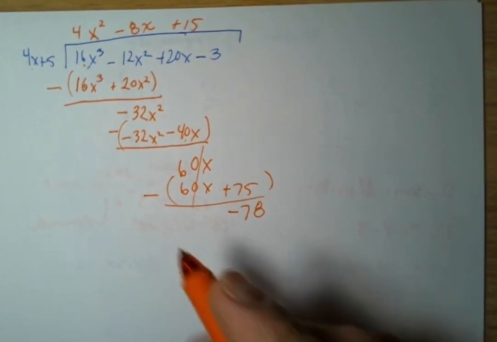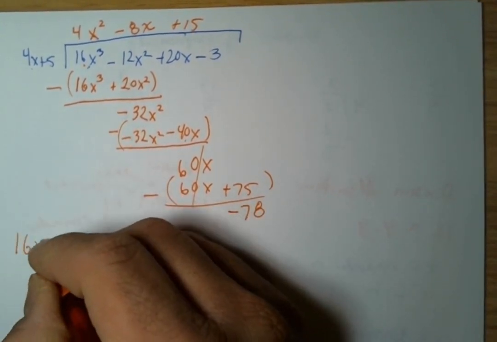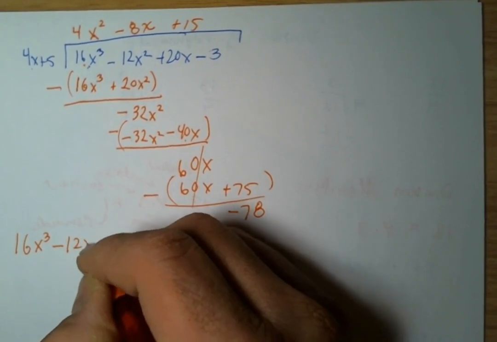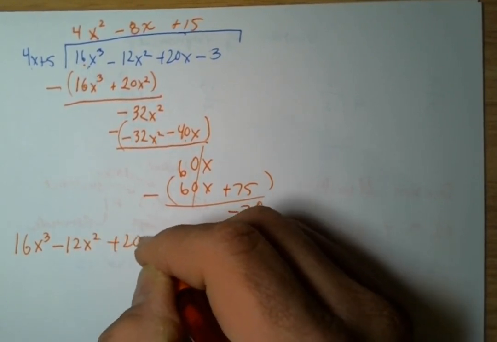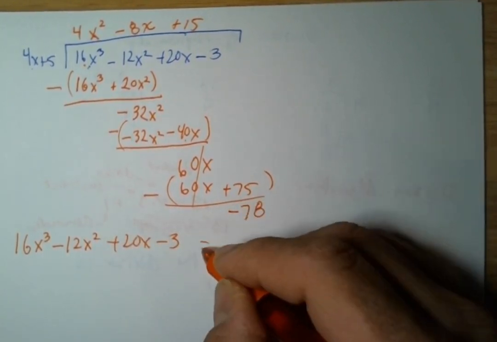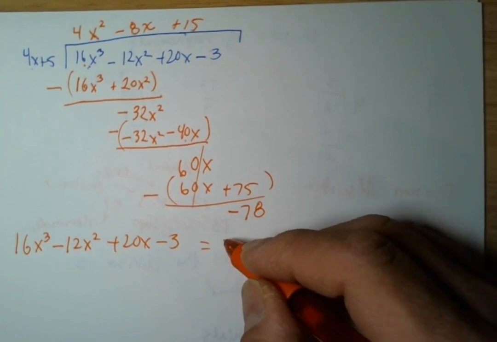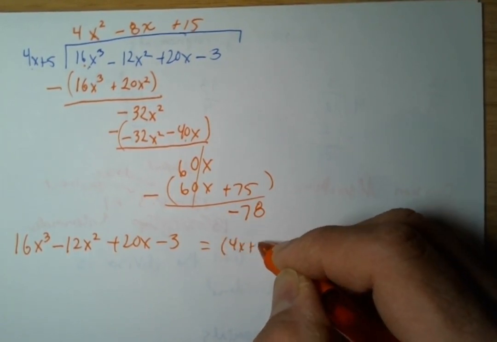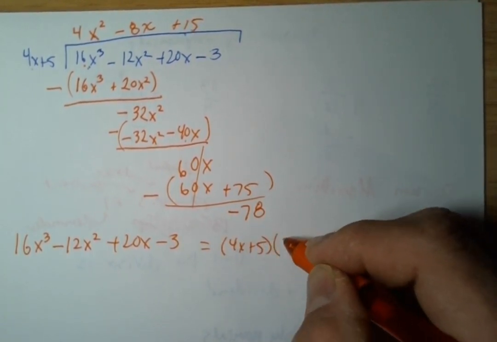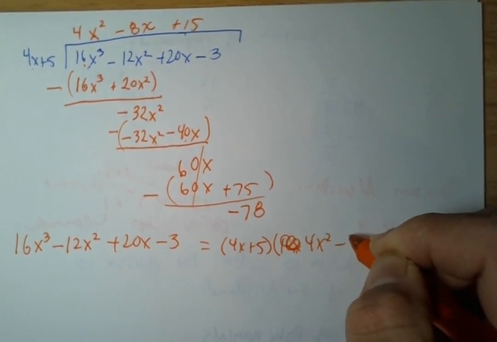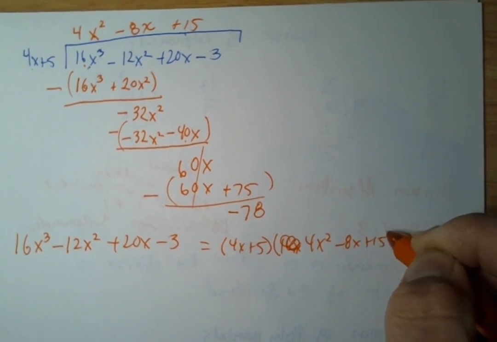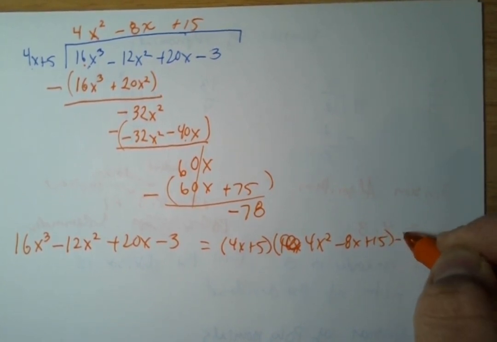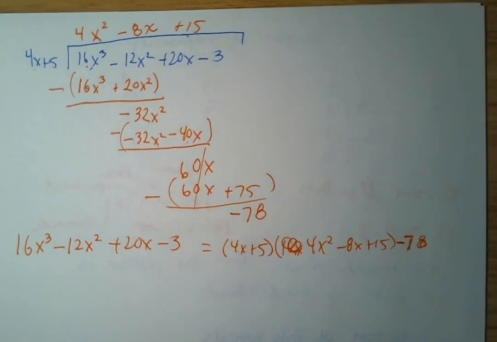All right. So now we can write our dividend to be our divisor times the quotient plus the remainder, in this case minus 78.